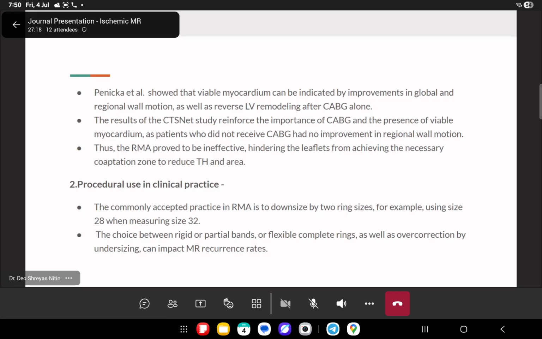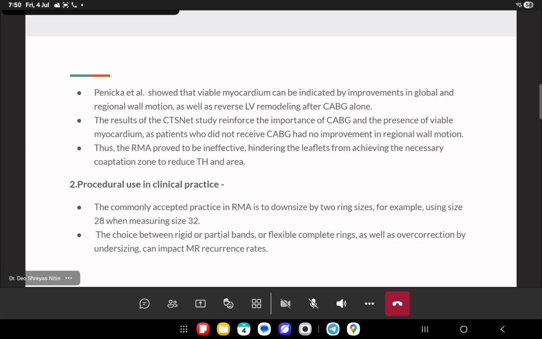The results of the CTSN study reinforce the importance of CABG and the preservation of viable myocardium, as patients who did not receive CABG had no improvement in regional wall motion. Thus, restrictive mitral annuloplasty proved to be ineffective, hindering the leaflets from achieving the necessary coaptation zone to reduce tenting height and area.